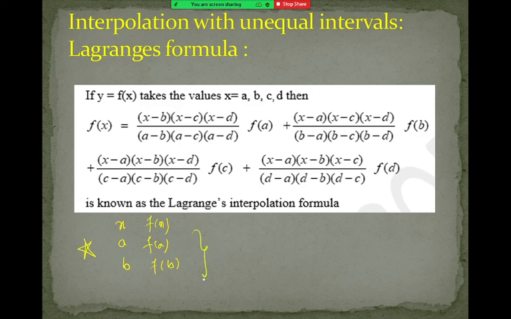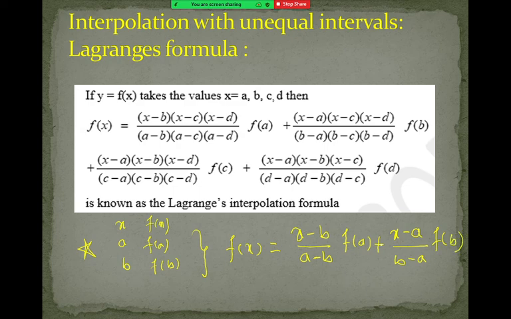Equation of the straight line passing through these 2 points, and that equation of straight line is f(x), that is y equal to (x minus b) upon (a minus b) into f of a, plus (x minus a) upon (b minus a) into f of b.